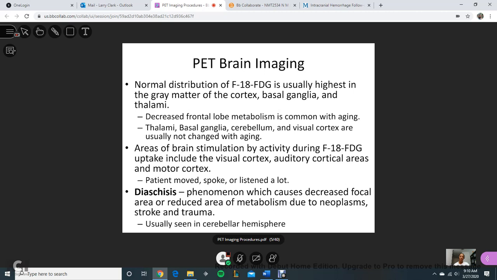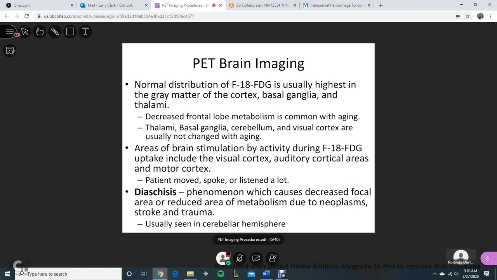Decreased frontal lobe metabolism is common with aging. The thalami, the basal ganglia, the cerebellum, and usually the visual cortex are not changed with aging. Areas of the brain stimulated by activity during FDG uptake include the visual cortex, the auditory cortical areas, and the motor cortex.